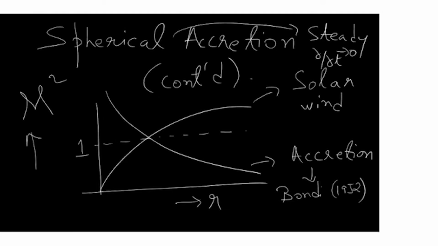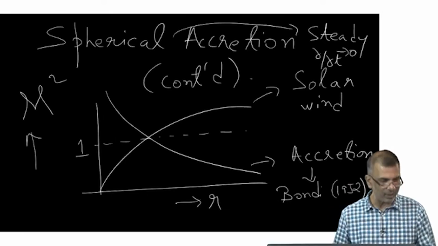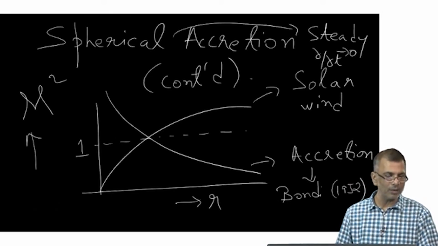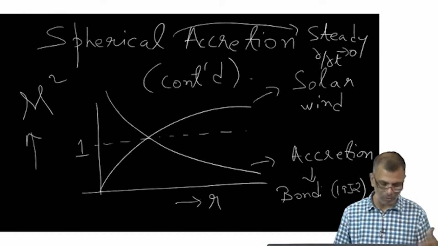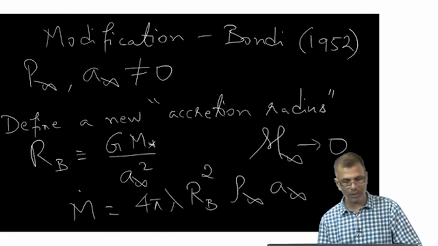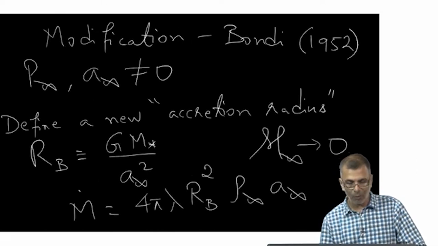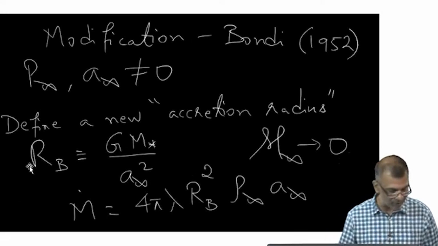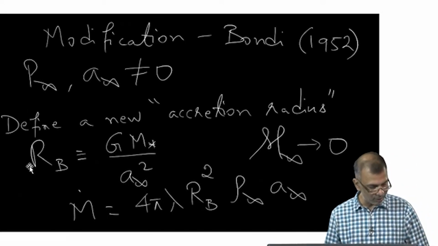Okay. All right. So that is that, and now let us discuss a couple of other interesting phenomena that arise from this kind of consideration. Why is this called an accretion radius, and so on and so forth.